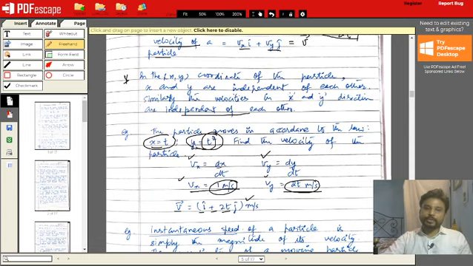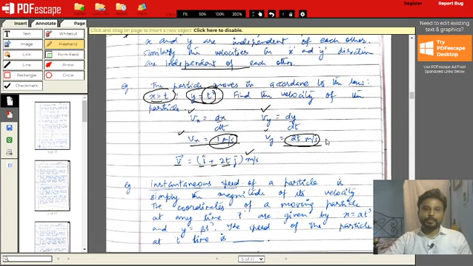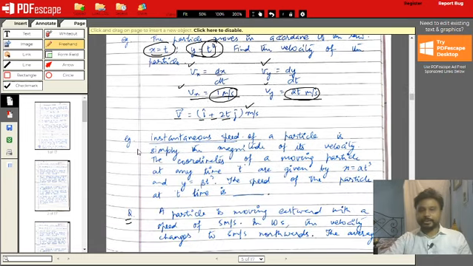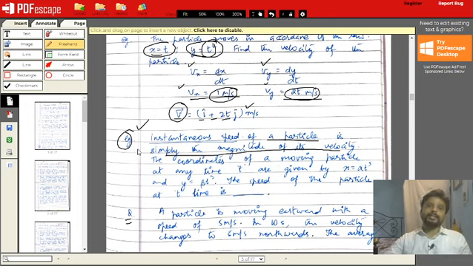Now let us proceed further, how do we apply this again. Now instantaneous speed is defined in this example. So this example serves as a definition for us, that the instantaneous speed of a particle is simply the magnitude of its velocity, that is the magnitude of this velocity vector. And that's why it was important to understand that velocity is a vector.